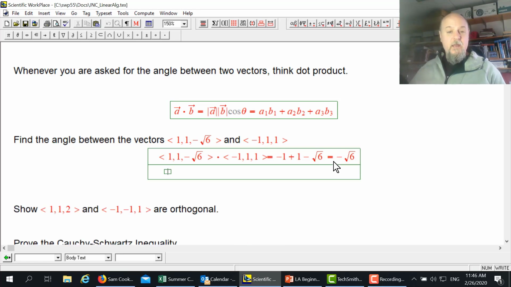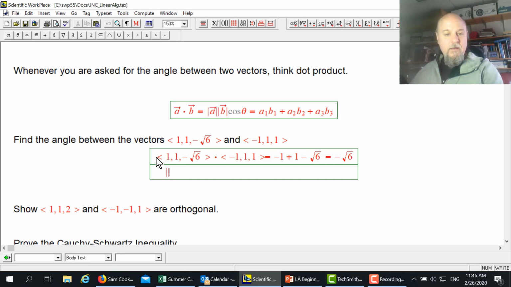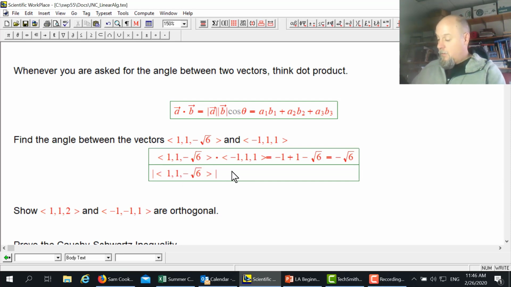We also need to get the magnitude of the two vectors. So let's take the magnitude of this first vector, which is going to equal the square root of the first component squared plus the second component squared plus the third component squared. So that's square root of 8.